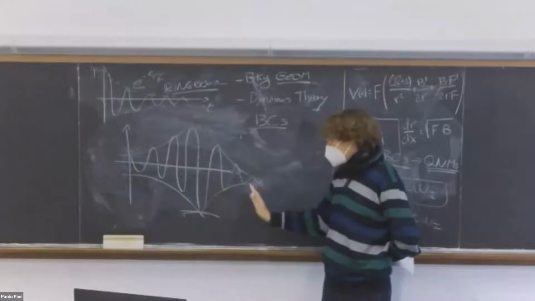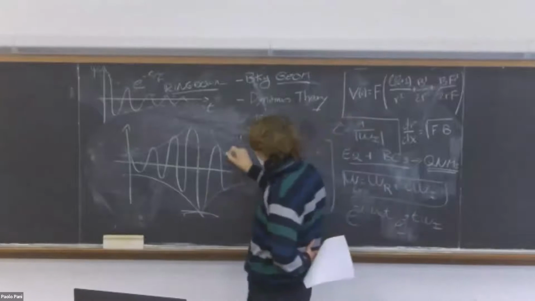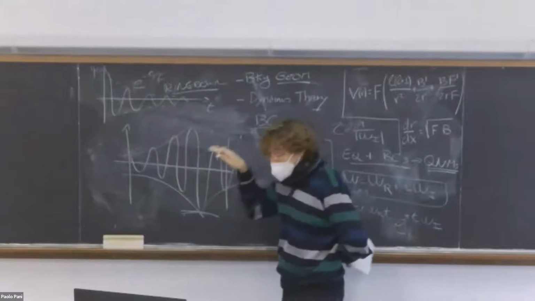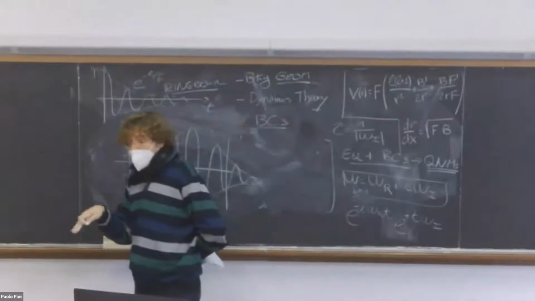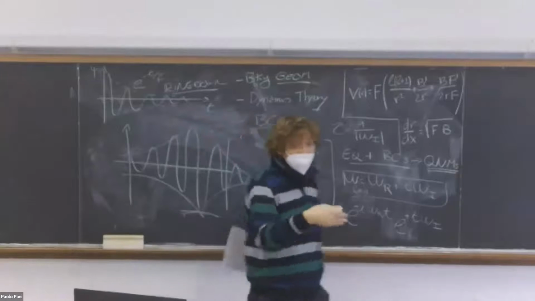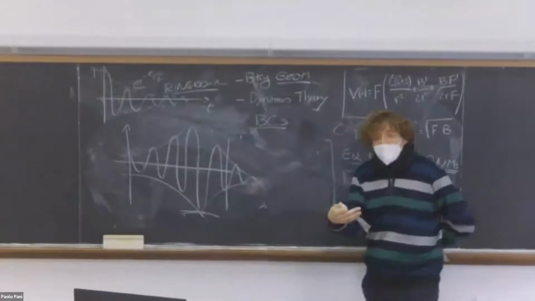But we want to wait a certain amount of time and start, for example, the ring down analysis here, where the signal is already smaller, and we might expect the final object already to be almost settled down to a black hole.